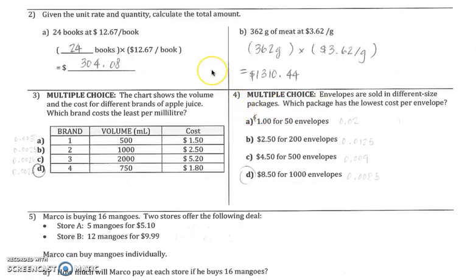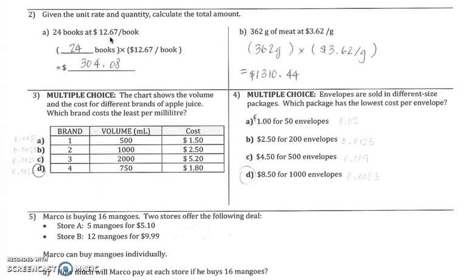Number 2. Given the unit rate and quantity, calculate the total amount. A. 24 books at $12.67 per book. So the $12.67 means each book costs this much money.